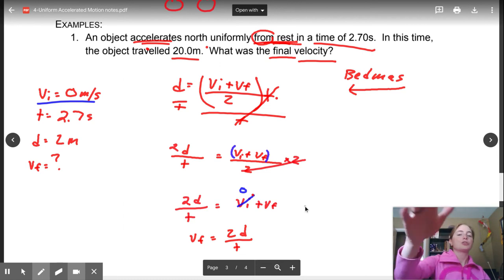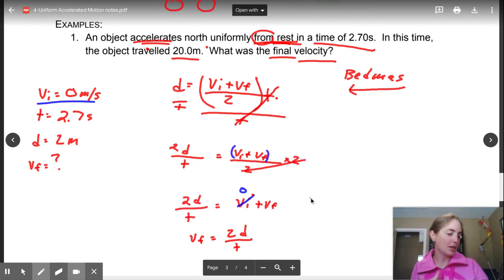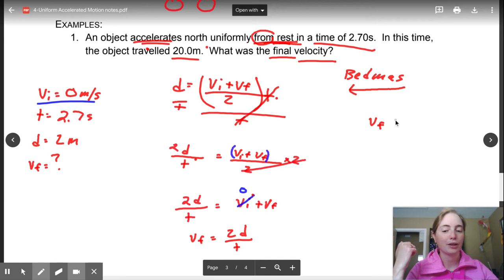So when it comes to helping me help you get the most points possible, having written out your equation and rearranged it, now you're going to put your numbers into your equation. VF is what I'm trying to find.